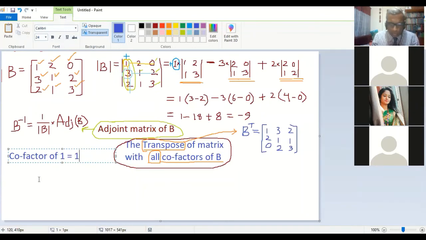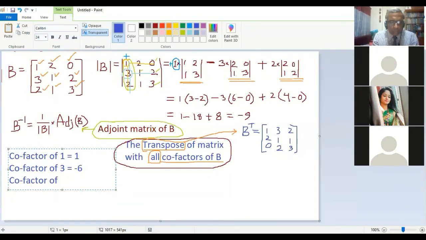And the cofactor of 3 is actually minus 18, 6 minus 0 and negative, so minus 6. A cofactor will have a sign, plus or minus.